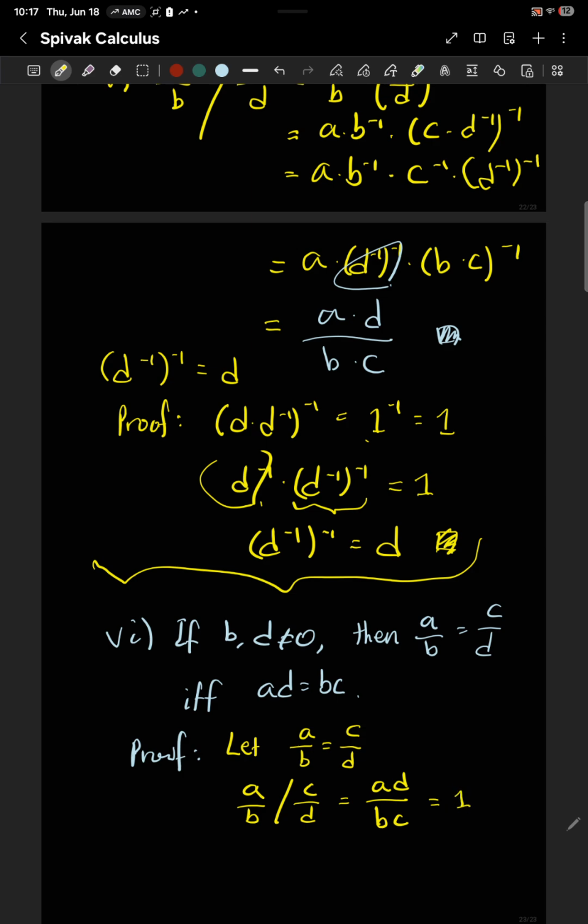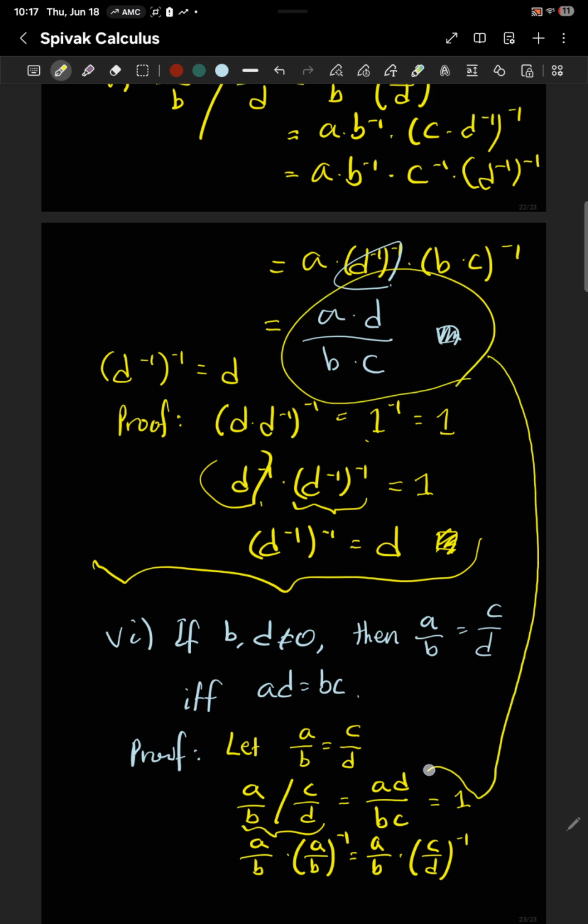Dividing by C over D is equivalent to A over B times C over D inverse. By what we just proved, AD over BC is equal to 1.